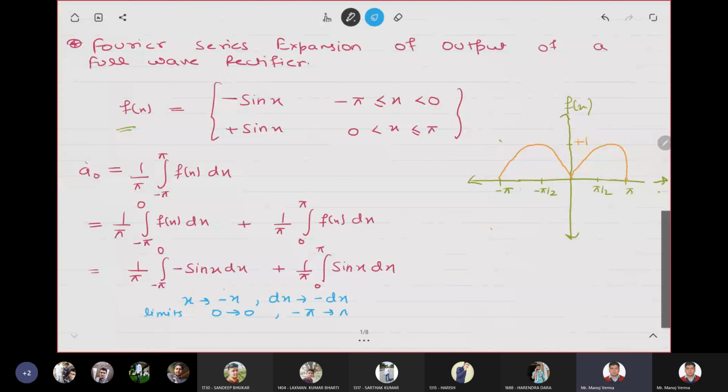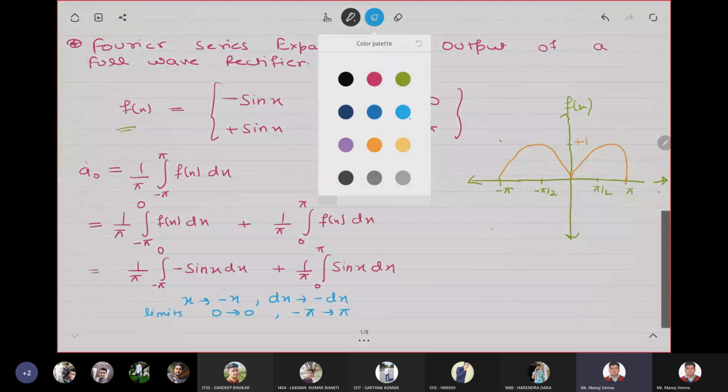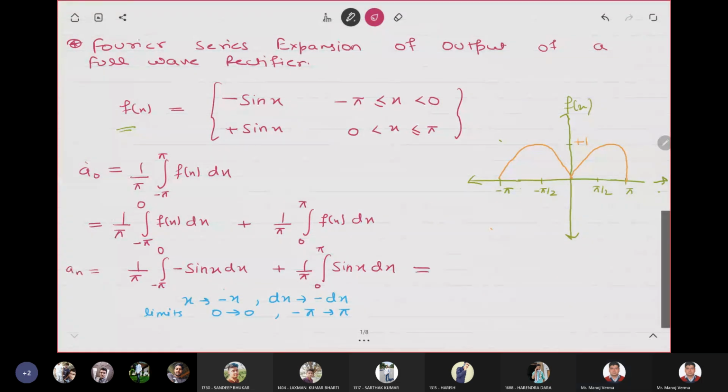So if I do this operation on the first integral, I will get 1 over pi, now replacing x with minus x, the limits will be pi to 0, minus sine of minus x, minus dx, and plus the same second integral as it is, 0 to pi sin x dx.